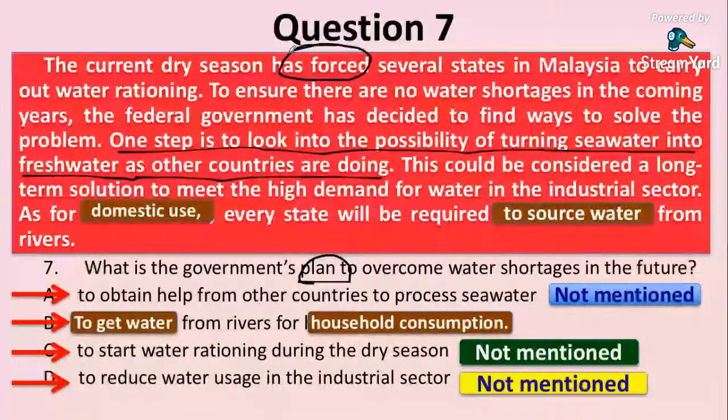That is household consumption. So the idea is that right now they want to get water from the rivers for domestic use. So as long as you know these keywords mean the same thing, the answer will very clearly be B. I think a lot of students face problems in picking B because you are not sure that household and domestic actually mean the same thing.